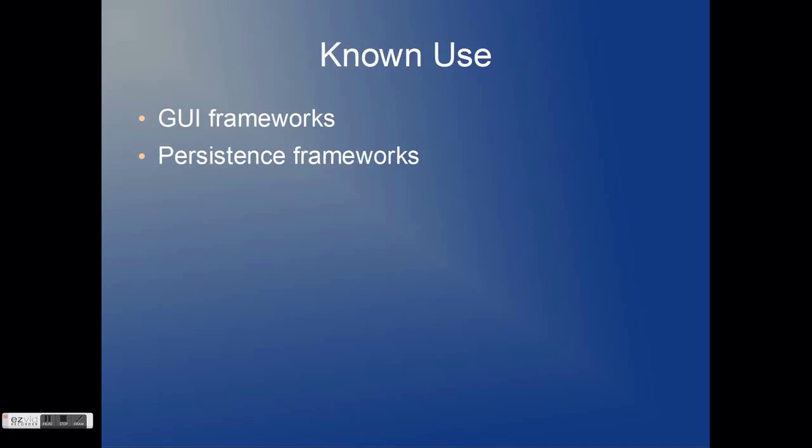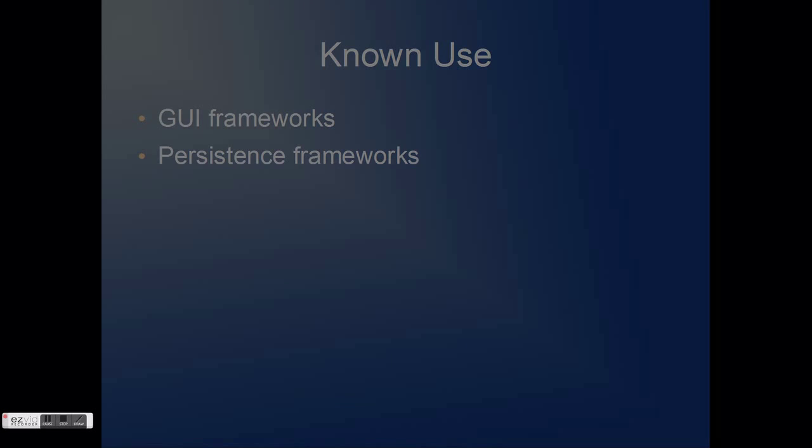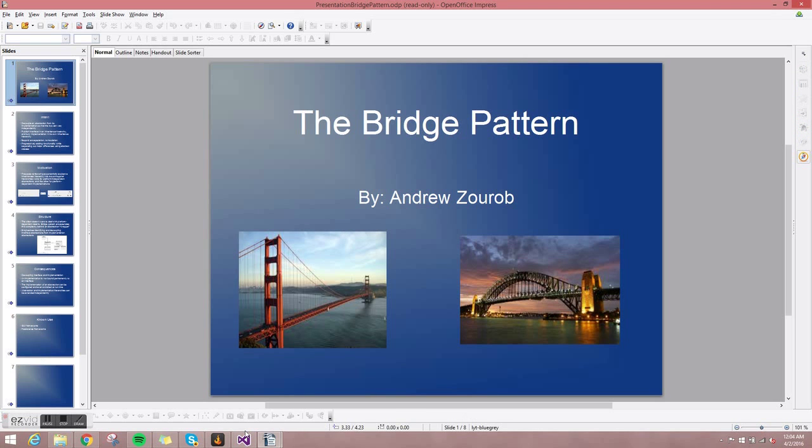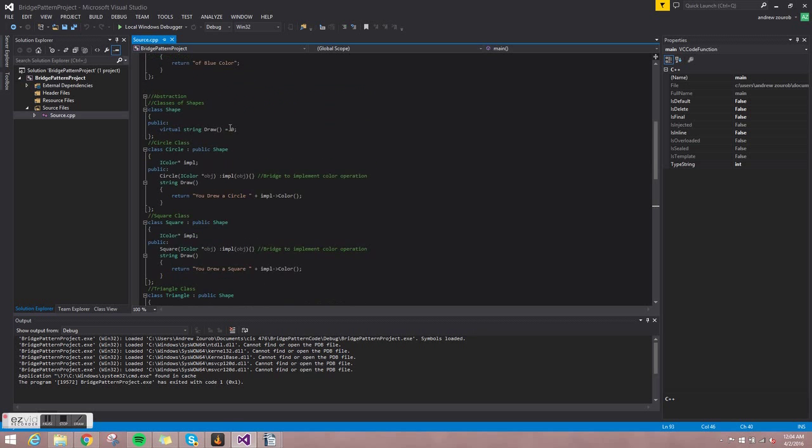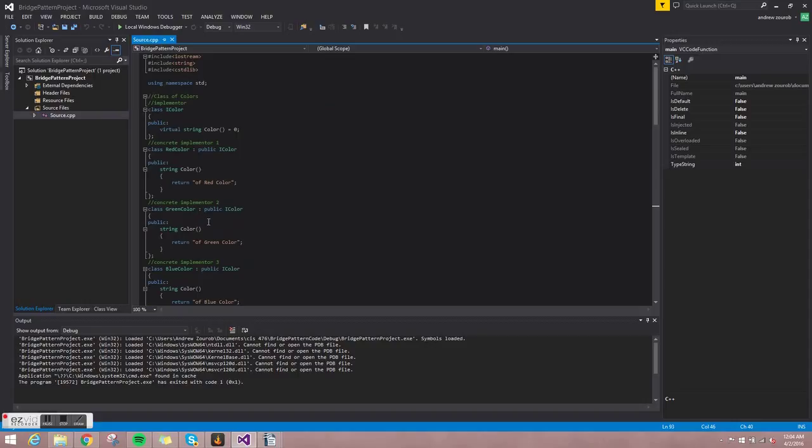The code I decided to make is based on the example from earlier, with the shapes and colors. What we have first is the first hierarchy, which is the color hierarchy. Coming out of that is one for the red color, one for the green color, and one for the blue color.